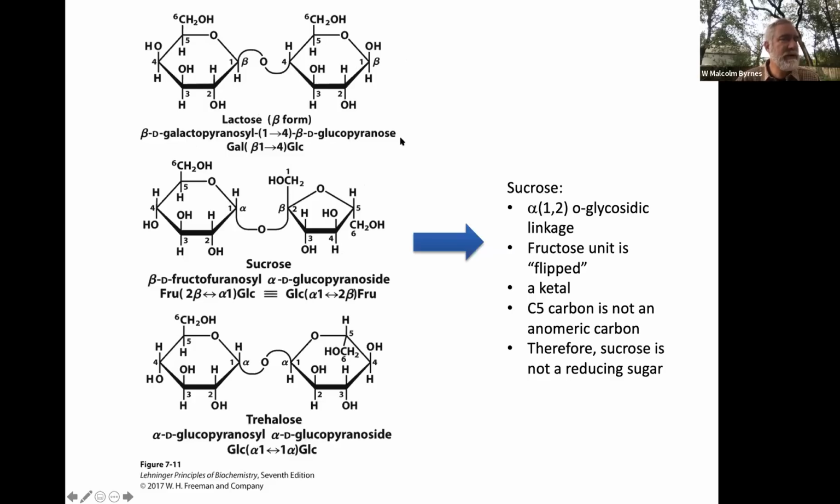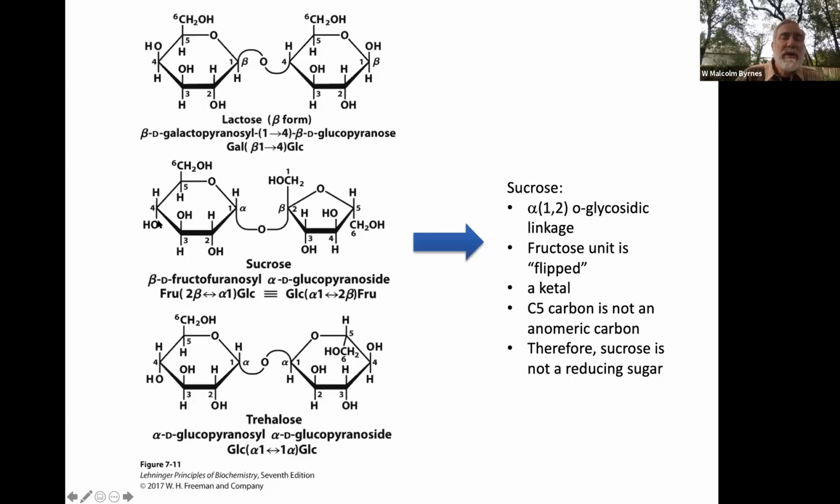Okay, you look at a few of these, you'll see how they came up with the names they came up with. Now look at this in the middle. In the middle, we have what's called sucrose. It's a disaccharide. It's table sugar, which you put in your tea and coffee, produced by plants. Sugar beet, sugar cane.